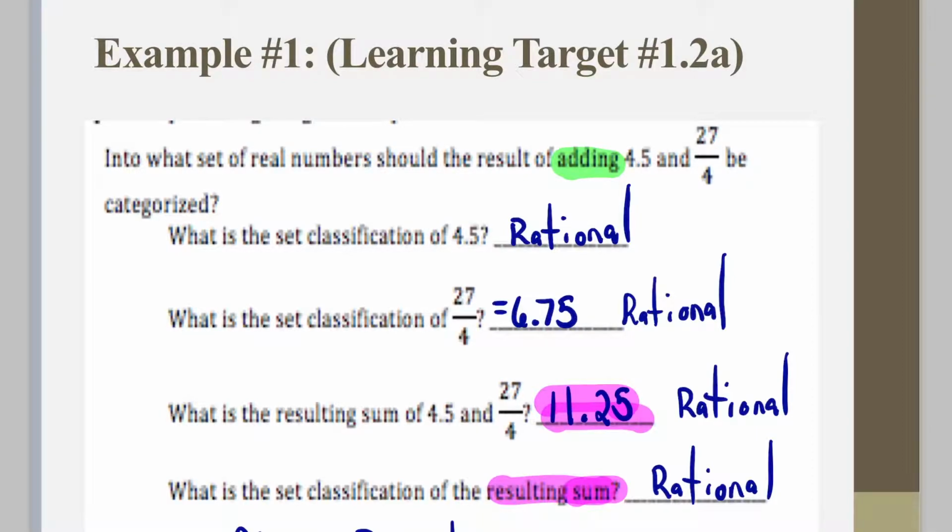So a rational number added to another rational number will result in another rational number. That is your why, the closure property, and that it holds for addition.